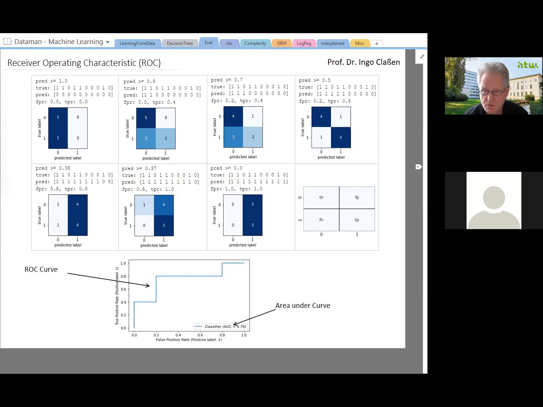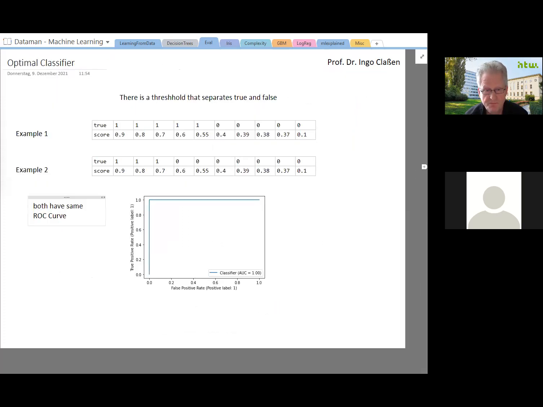Let's assume we have an optimal classifier. What is an optimal classifier? An optimal classifier is one where the threshold separates trues and falses. Let's assume I have these values and these thresholds.